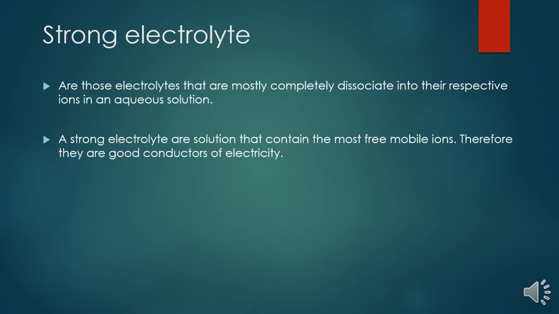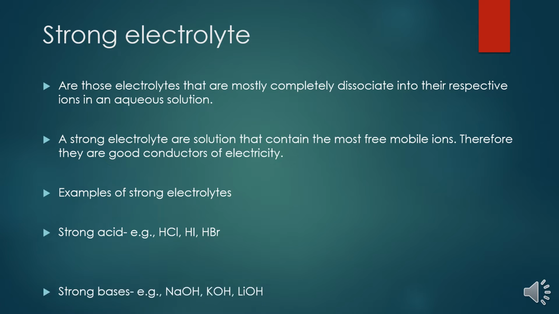A strong electrolyte contains most free mobile ions, and therefore they are good conductors of electricity. Some examples of strong electrolytes are strong acids such as hydrogen chloride, hydrogen iodide, and hydrogen bromide.